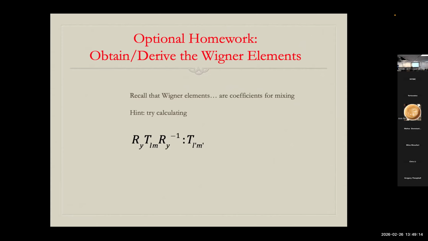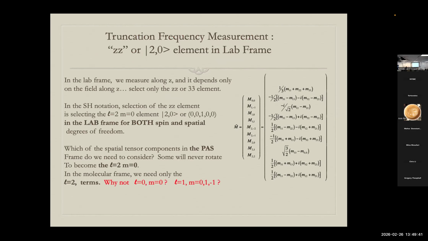The hint that I give you is to start out with a tensor, an arbitrary tensor, rotate it with arbitrary angles, so you'll see beta, you won't see actual values. And then project it onto the destination tensor, and that will be your projection. You will derive a D element. So if you want to do that, it's there to do, but you don't need to.